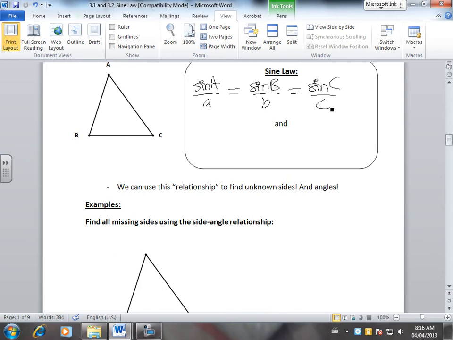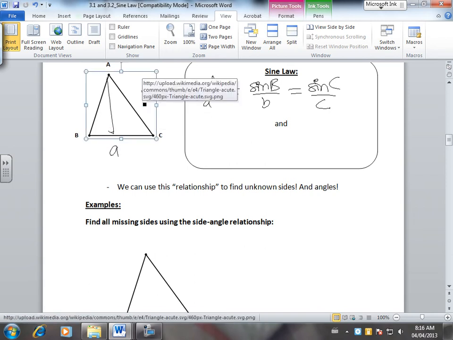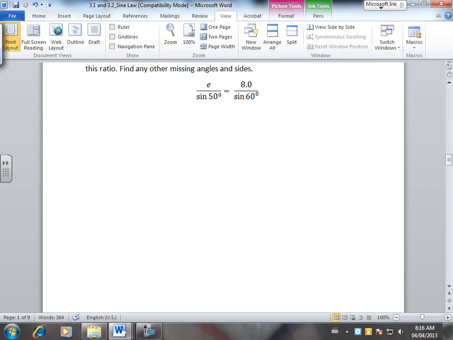And we name them by going opposite. So opposite angle A is line A, and B and C. And so when you use sine law, when you have an acute triangle, you look for either having two sides and an angle, or two angles and a side.